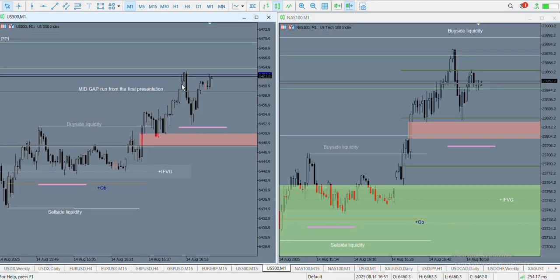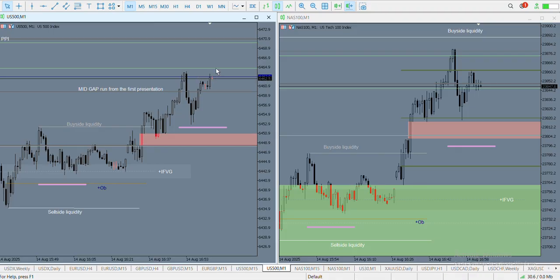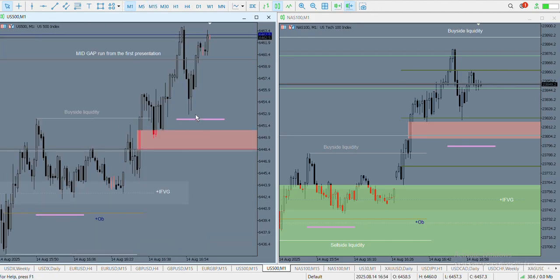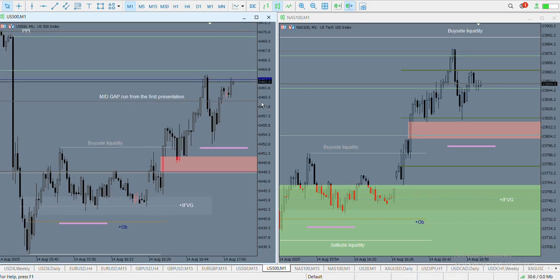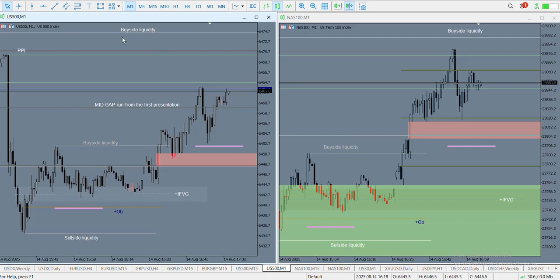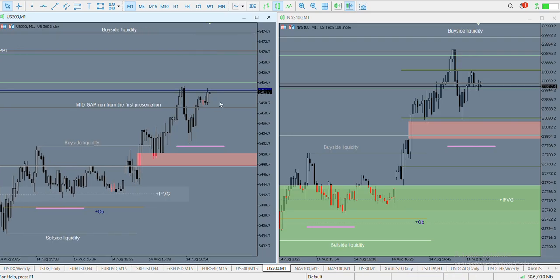US 500, we've run through this CB here. We're running higher. We're trading so close to today's midnight New York opening price right here. And then we'll see whether we'll get into this buy side above 474s.